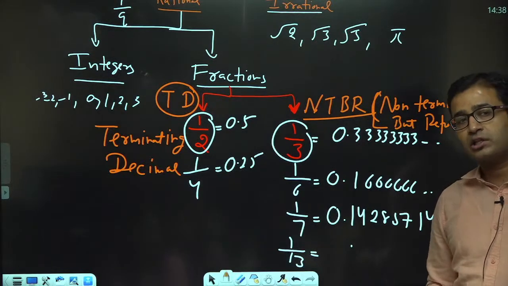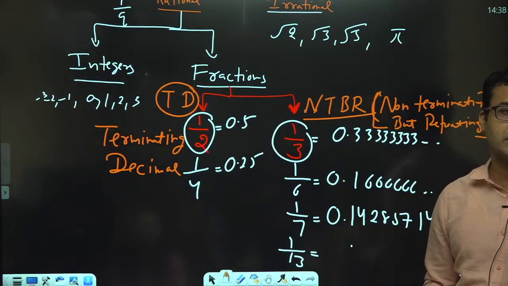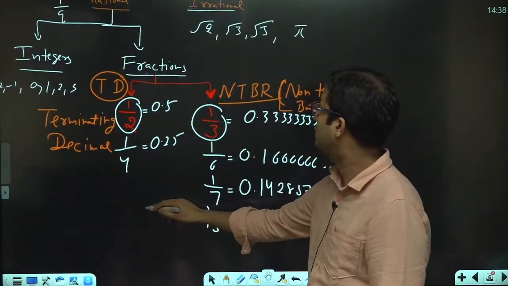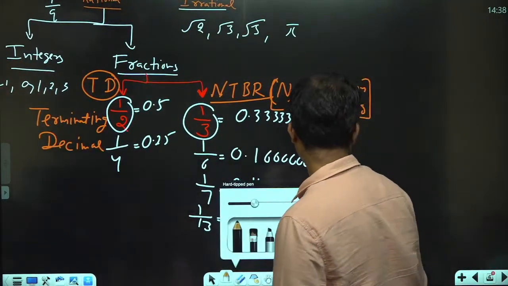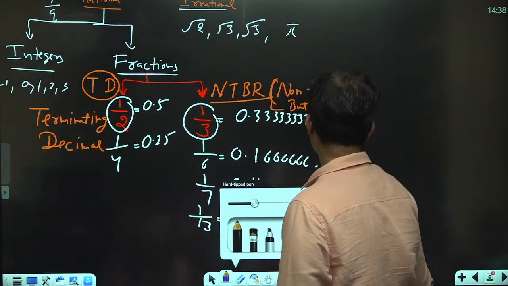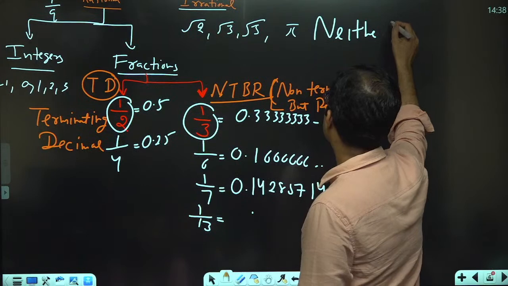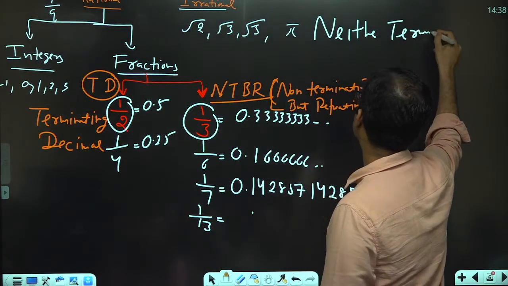But I tell you, we have 3 types of decimal. हमारे पास 3 तरह के decimal हैं. The third type of decimal is neither they terminate nor they repeat.